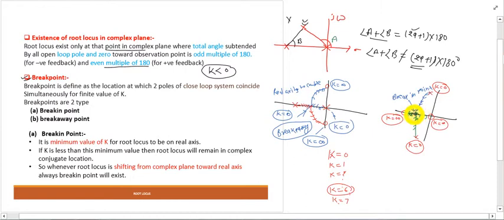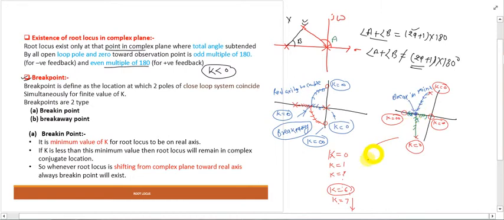Means 6 is the minimum value of k for which root locus lies on the real axis. Now see, for this condition, root locus lies on the real axis if k is 7 or 8, 9, 10. But at k is equal to 6, the roots are at this point.